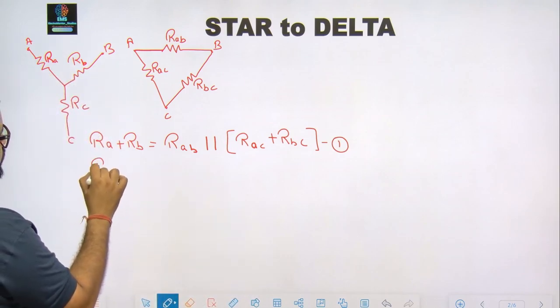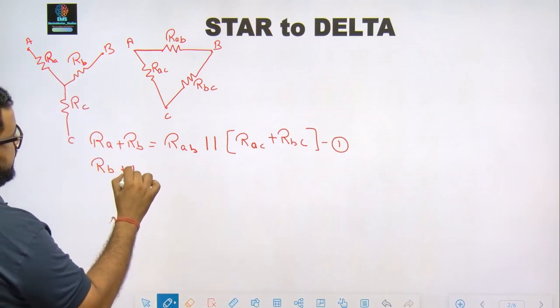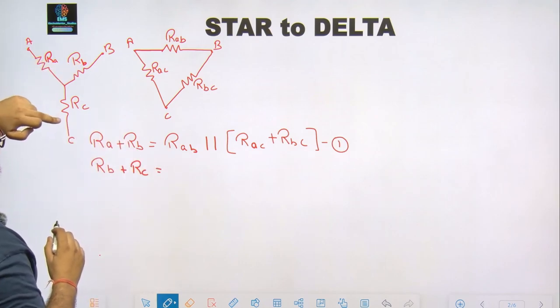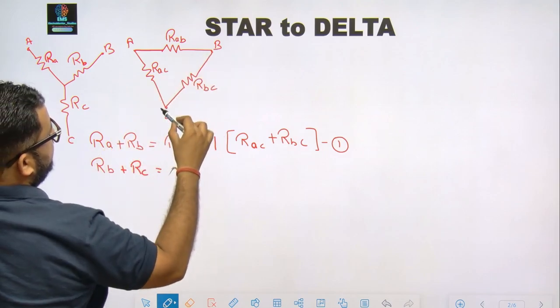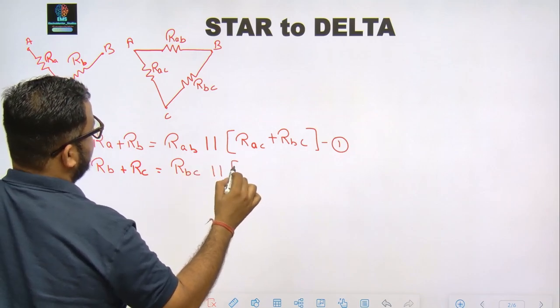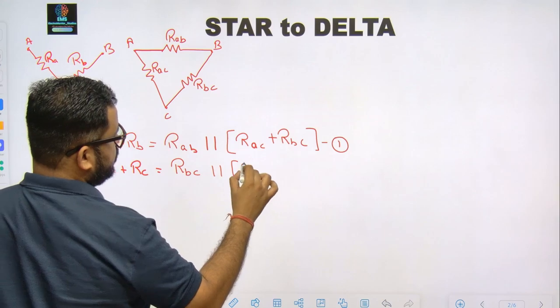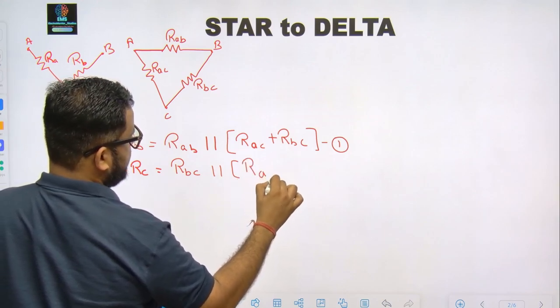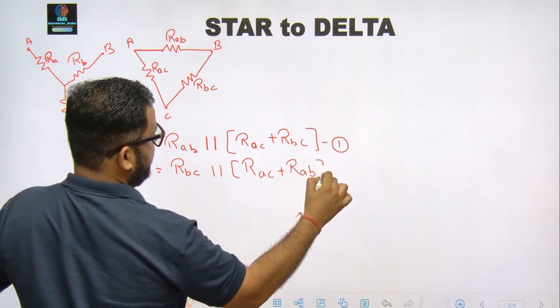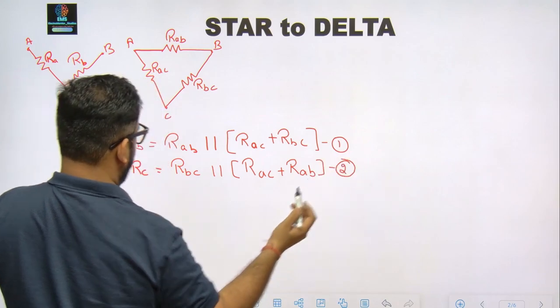My second general equation will be RB plus RC. Looking at the star network, it is RB plus RC. So same point B and C. My RBC will be in parallel with the series combination of these two, so this will be RAC plus RAB. This becomes my second general equation.